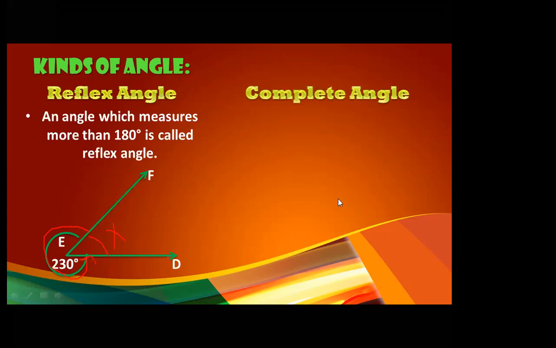Now the last one is the complete angle. What is a complete angle? An angle of 360 degrees is called a complete angle. Now how will you make 360 degrees? As you can see, an angle consists of two non-collinear rays. Starting from this, that is 0 degrees, this is acute, this is right, this is obtuse, then this is straight, and then you have this one.